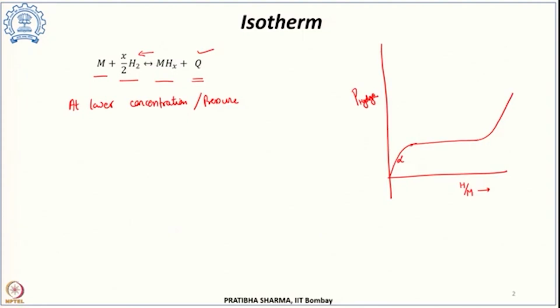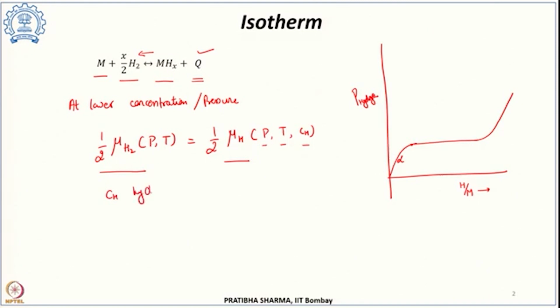Now in this alpha phase, if we consider the thermodynamic equilibrium condition, then the chemical potential can be written as follows, where mu of H2 is the chemical potential for the hydrogen molecule, mu of H is the chemical potential for the hydrogen atom in the host metal, P is the operating pressure, T is the temperature, and CH is the concentration of hydrogen.